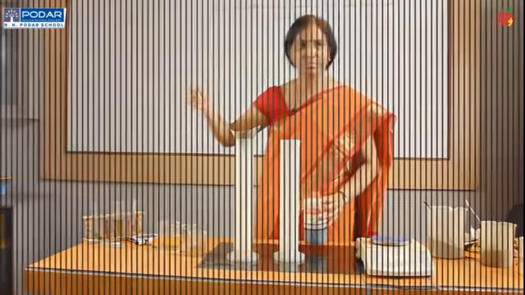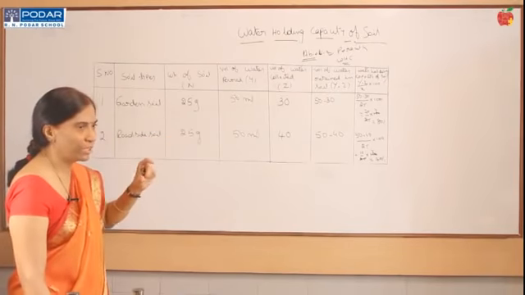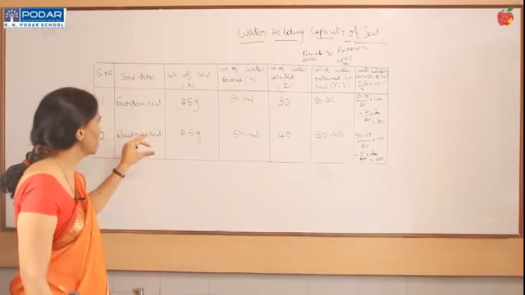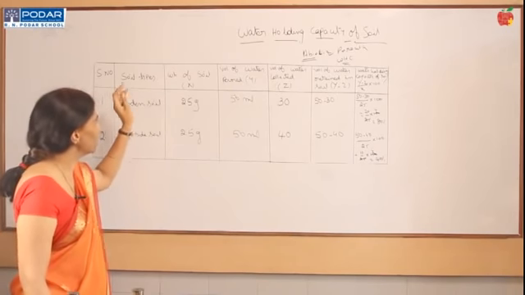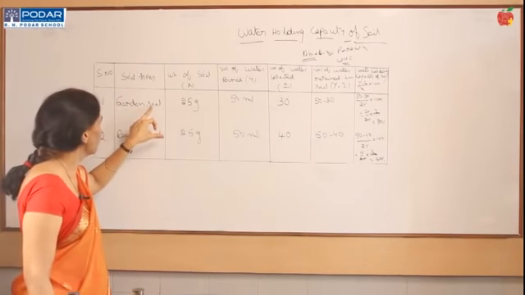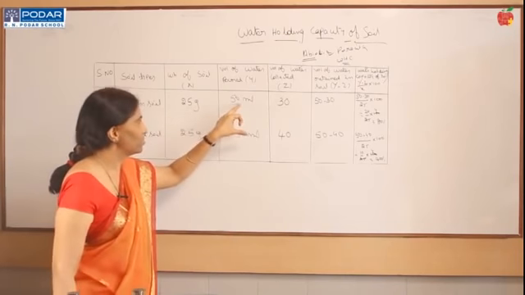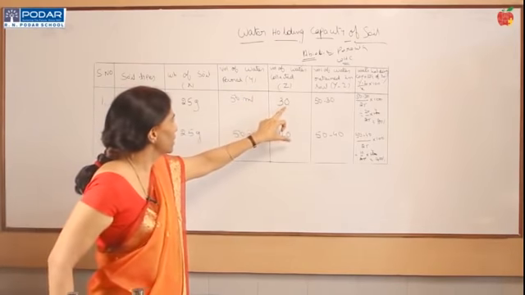That is the conclusion. As we have done the experiment with the help of measuring cylinders and 2 types of soil, let us see the observations, whatever happened. These are the results. Garden soil, 25 grams of soil we have taken and 50 ml of water poured. Volume of water collected here is 30.